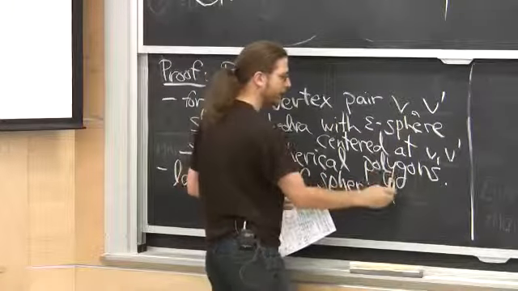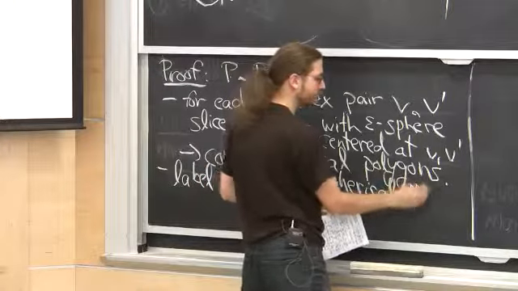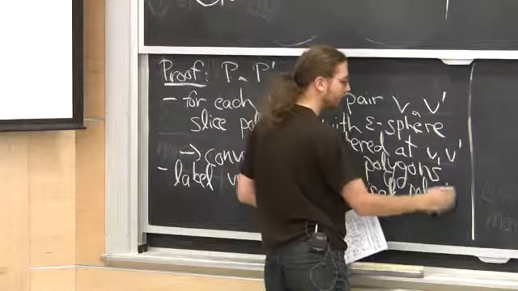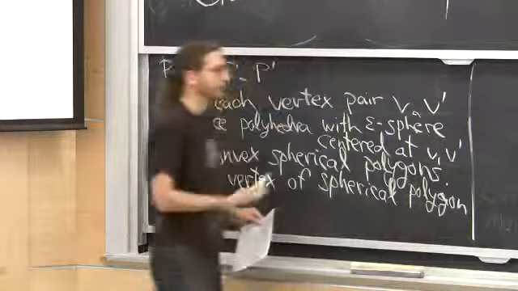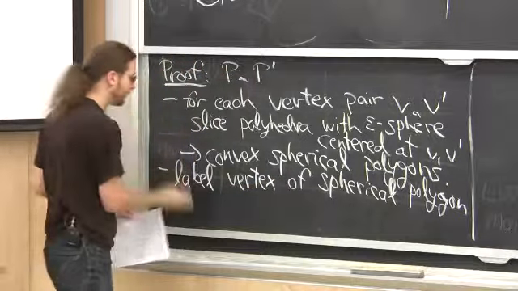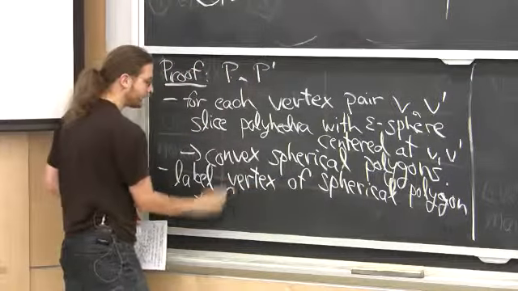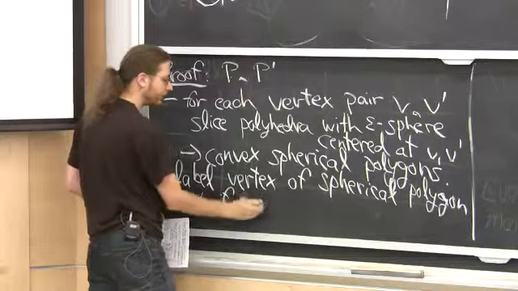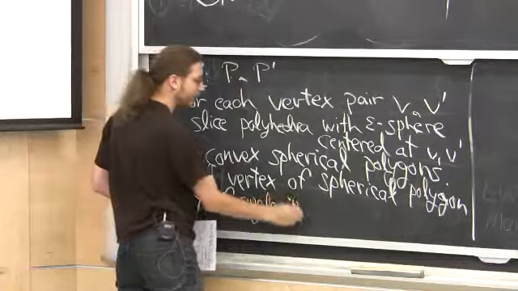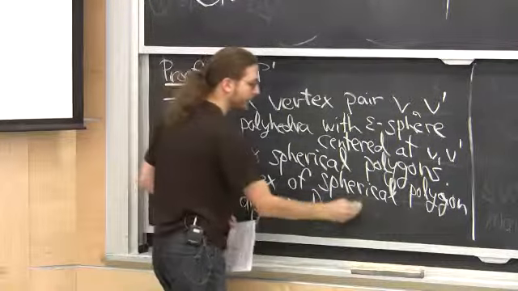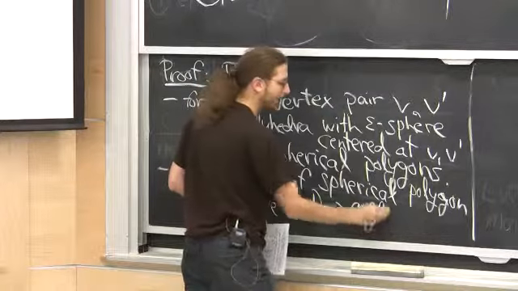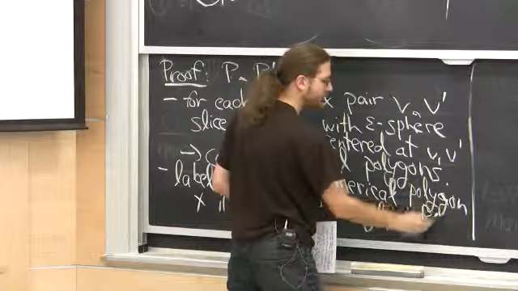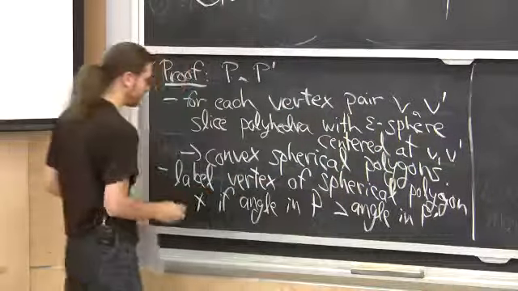So I have n of these spherical polygons for P, n of them in P prime. Let's look at them in P. I'm going to label it plus if the angle there in P is bigger than the angle in P prime. Remember, I have a correspondence between everything in P and everything in P prime.